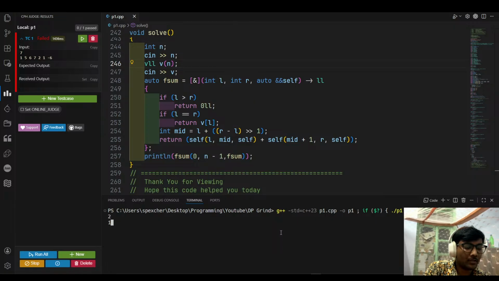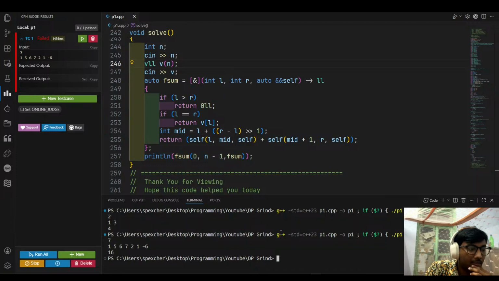So 2, then 1, okay, it's working. With 7, and let's say 1, 5, 6, 7, 2, 1, minus 6, the sum is 16.